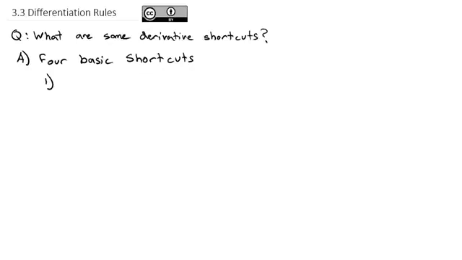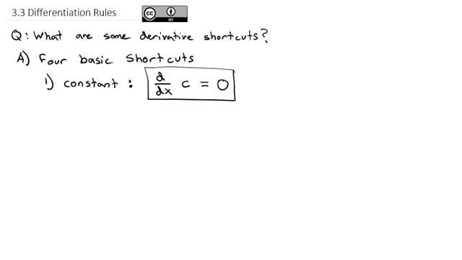The most basic is the constant shortcut. And the idea of the constant shortcut is if we take the derivative, d dx is the alternative notation for a derivative, the derivative of some constant or some number, we're going to always get 0 for our answer.